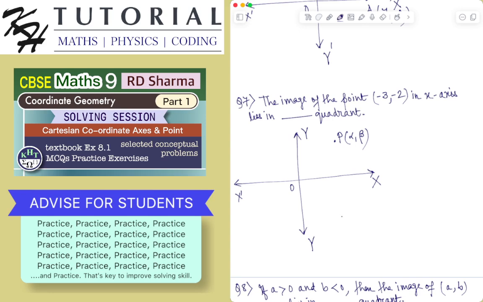That is, if Q is the image of the point P in the x-axis, you will draw a line perpendicular to the x-axis that will pass through the point P.